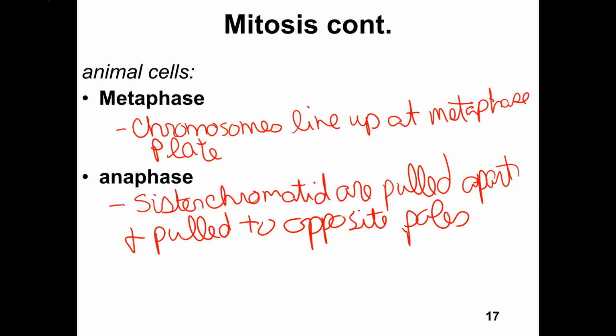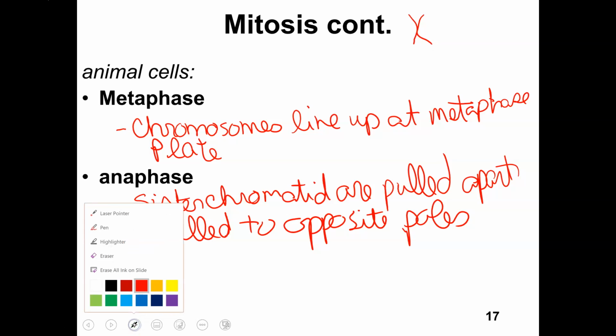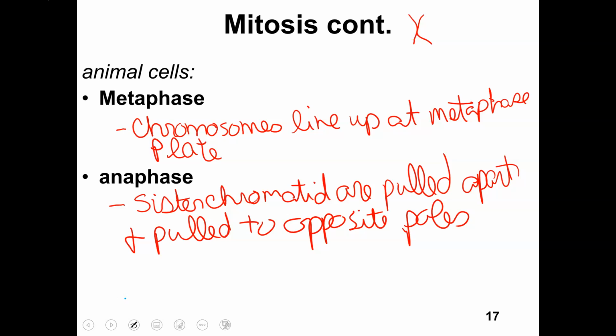So the purpose of this, if you have, and I'm just going to draw it up here. We'll do the blue again. You have these two chromosomes, right? One from mom, one from dad. They're consisting of each of two sister chromatids.